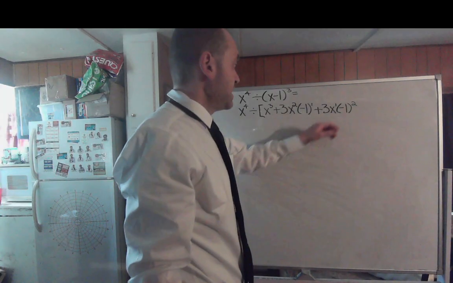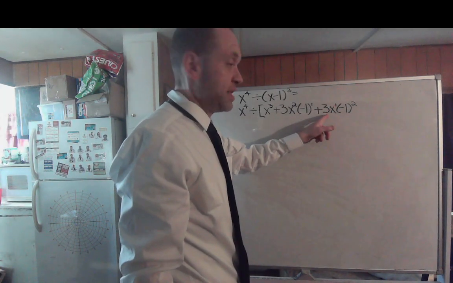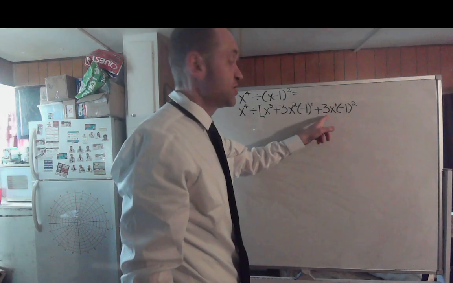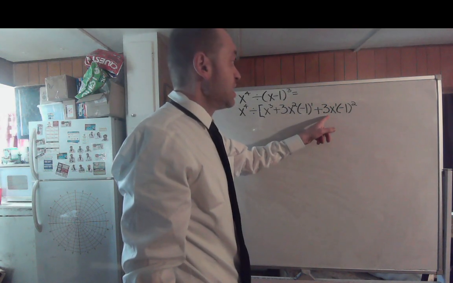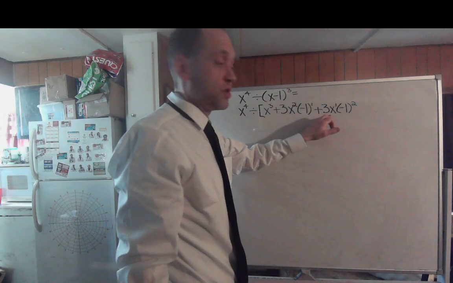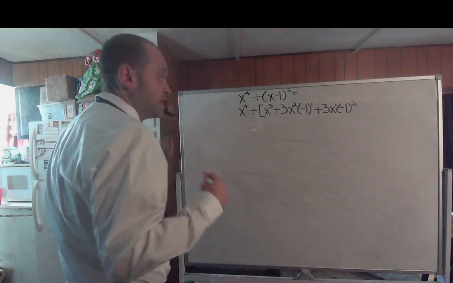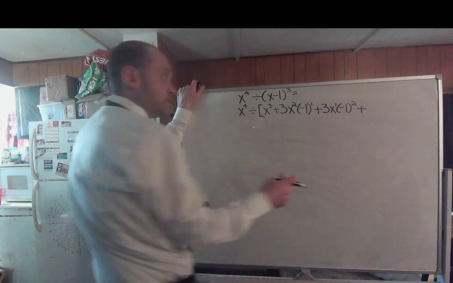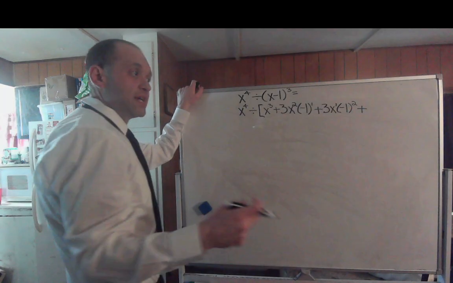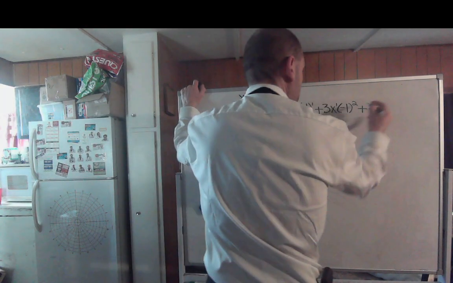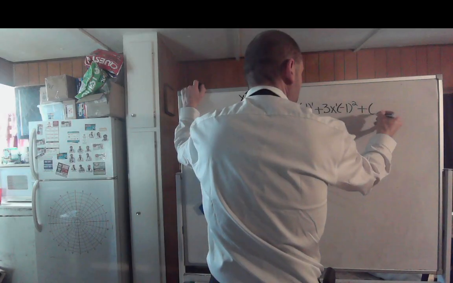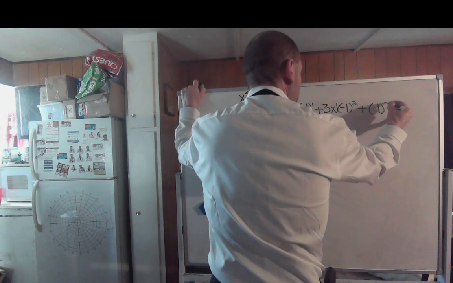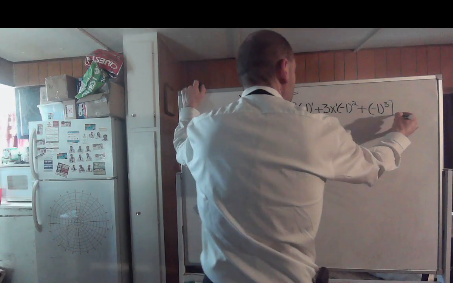And then take your 1 and multiply it by that coefficient of 3. 1 times 3 is 3. Then divide by the current term you're on, which is 3, so you end up with a coefficient of 1. Lower your x another degree. 1 times x to the 0 is just 1. And then raise your negative 1 another degree, so this would be plus negative 1 to the third.